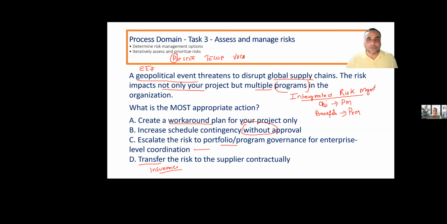Program manager or sponsor. If the risk is related to strategic objectives, who should handle it? Portfolio manager. And if the risk is related to governance, who should handle it?